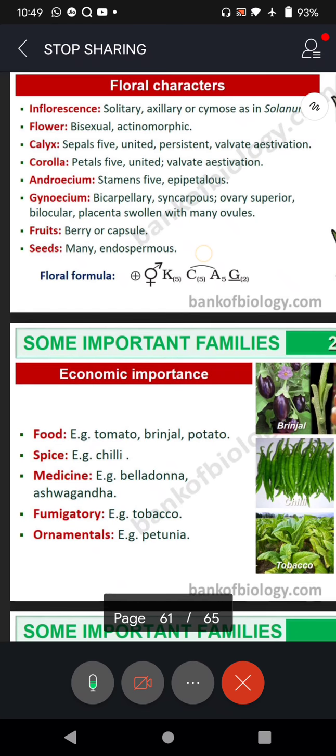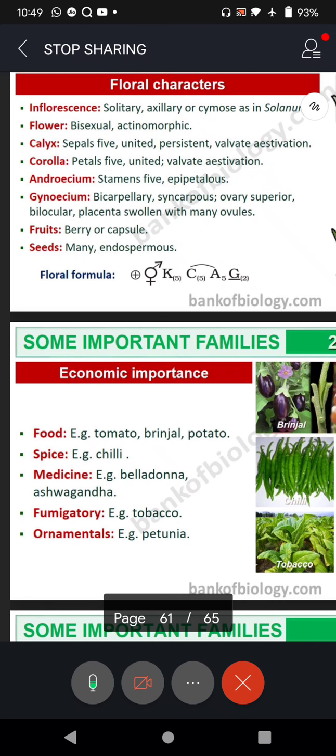Now, yesterday I said male nucleus 1 fuses with the nucleus of the ovum, resulting in formation of zygote. This is fertilization 1.